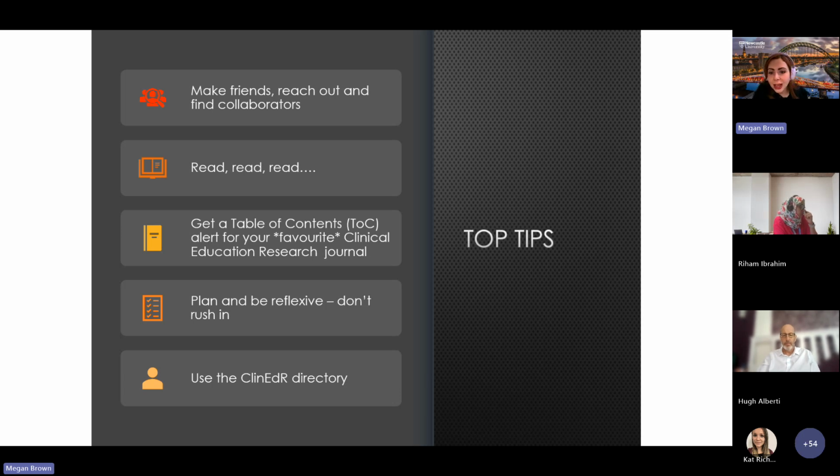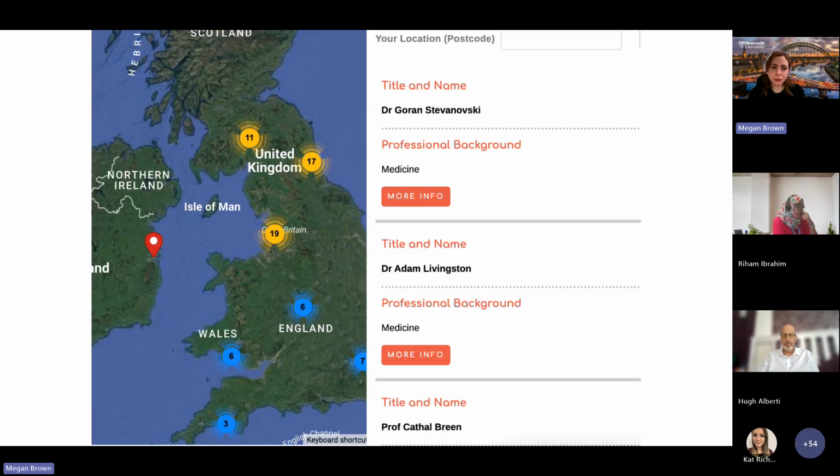And then the final point around using the directory. This is on our website. It is essentially a map of individuals who've asked to be added to our directory, who are engaged or interested in clinical education research across the UK. You'll be able to see where people are based, but you'll also be able to see what their professional background is.